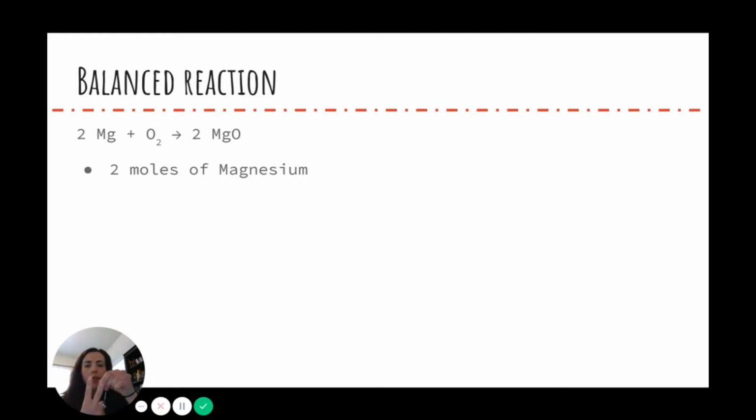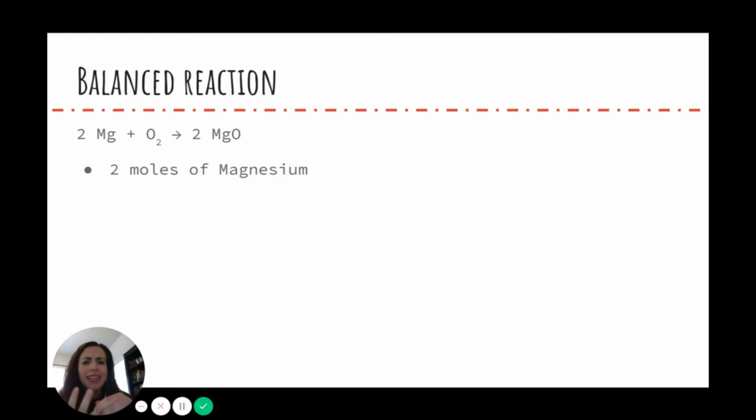We talked about this last week: you can only read a chemical reaction with the units of moles or molecules. Here we're talking about mole to mole ratio, so we're going to be using moles. And the third thing is what we're talking about, magnesium. So 2 moles of magnesium is our ingredient.